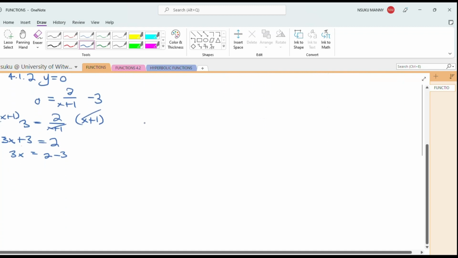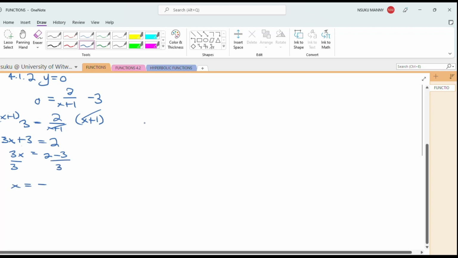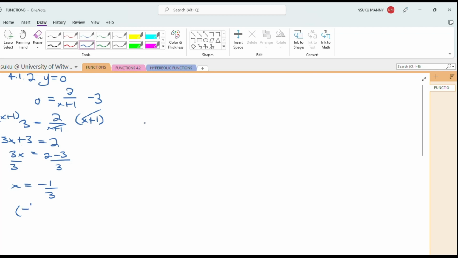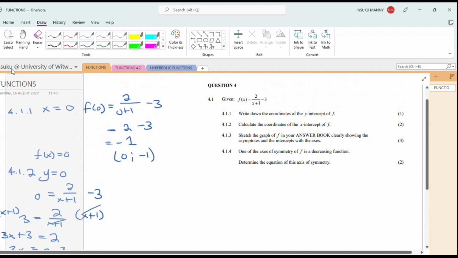Negative 1 divided by 3, so x will be equal to negative 1 over 3. So when y is 0, x is negative 1 over 3. That's our coordinate for our x-intercept. So let's erase that so we have space for the next question.